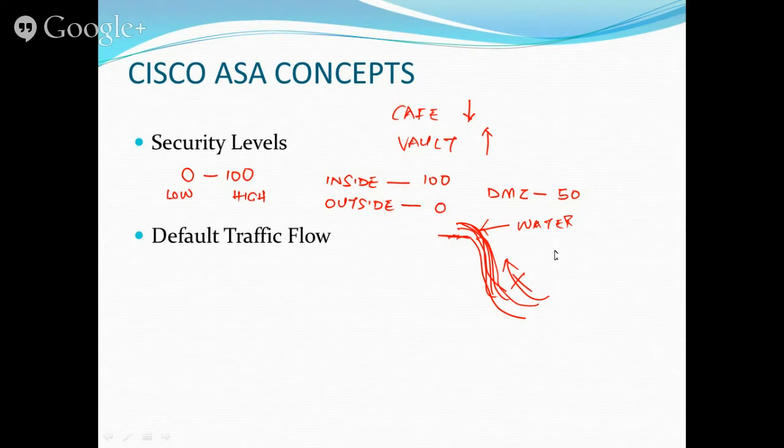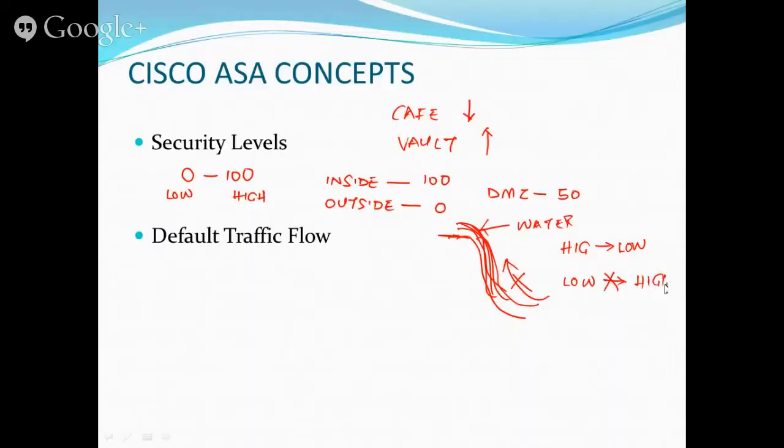So that's the concept with the default traffic flow. From a higher security level to a lower security level, traffic can flow. But from a lower security level to a higher security level, traffic cannot flow. So every time you want to think about it, just think of the mountain and water flow model. Can water flow down a mountain or can water flow up a mountain?